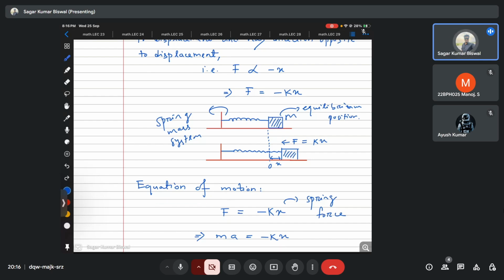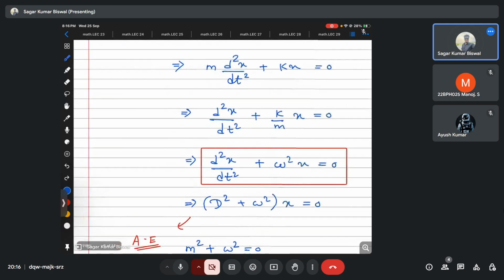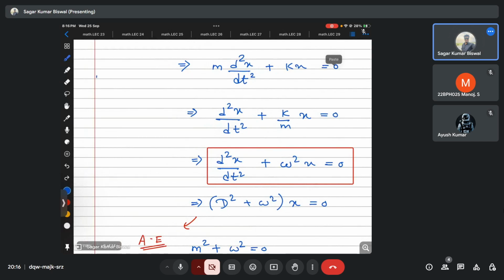So how to solve this? This is a differential equation, right? Because ma plus kx equals 0. What is a? A is dv by dt, so this is a second order differential equation, and we learned how to solve second order differential equations.